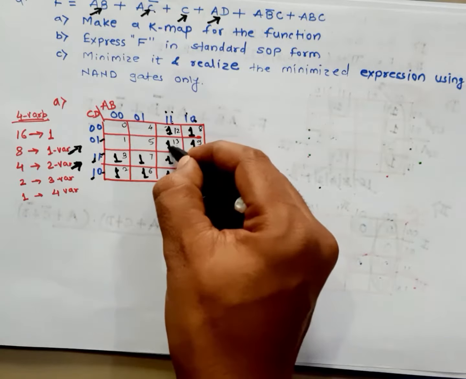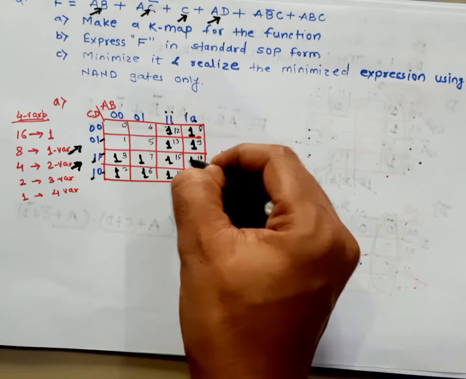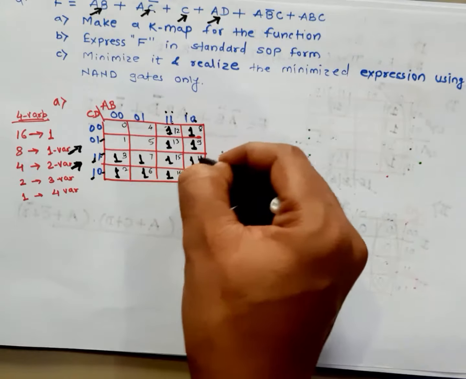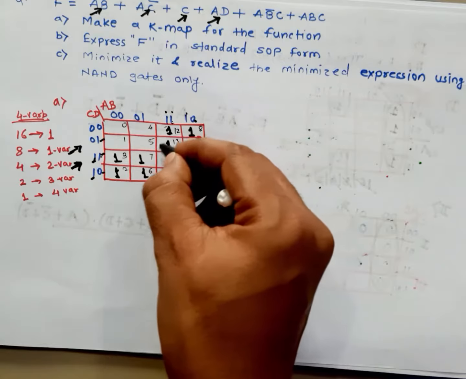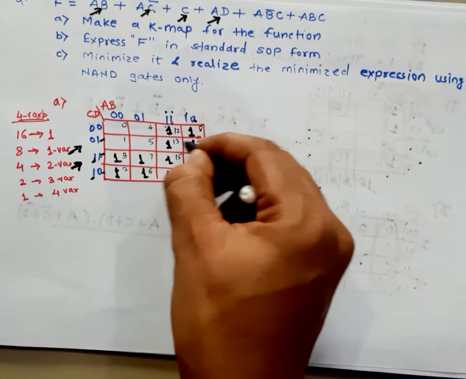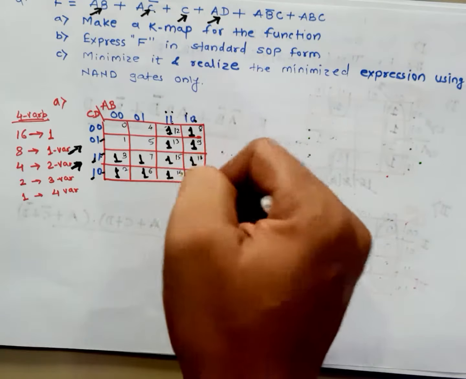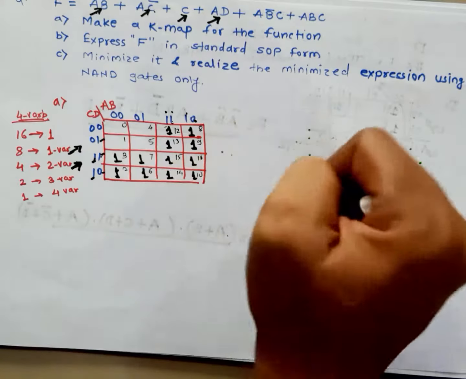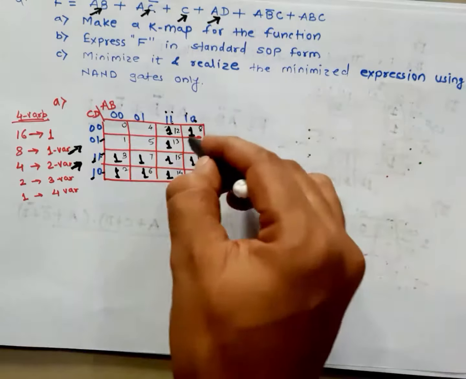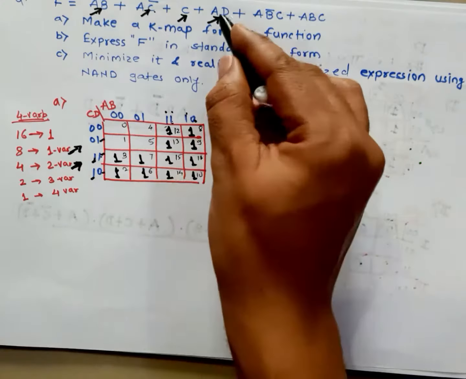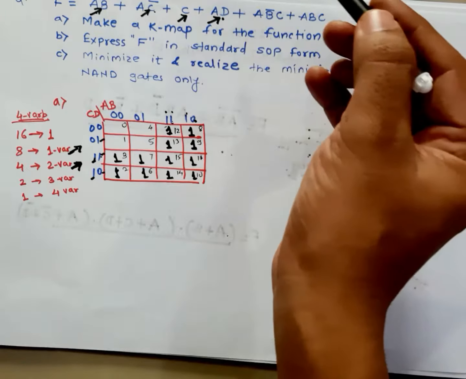So we need to put 1 1 1 1 here, which is already marked here. If you make a group of these 4 cells, 13, 9, 11, 15, you will get an output equation like this one.